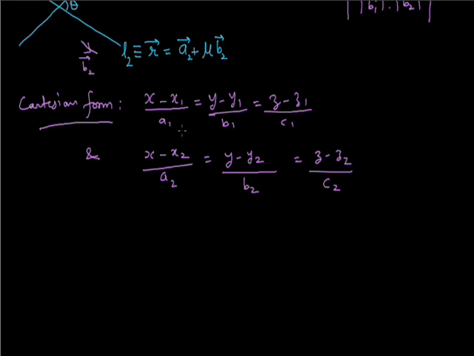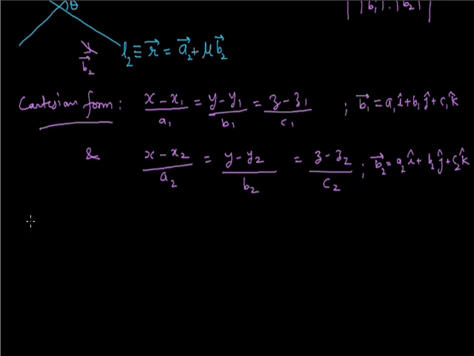Here, the direction ratios of the lines are a1, b1, c1 and a2, b2, c2. So a vector parallel to this line has components a1, b1, c1, and can be written as a1 i cap plus b1 j cap plus c1 k cap. Similarly, the vector parallel to this line is b2 vector, which is a2 i cap plus b2 j cap plus c2 k cap.